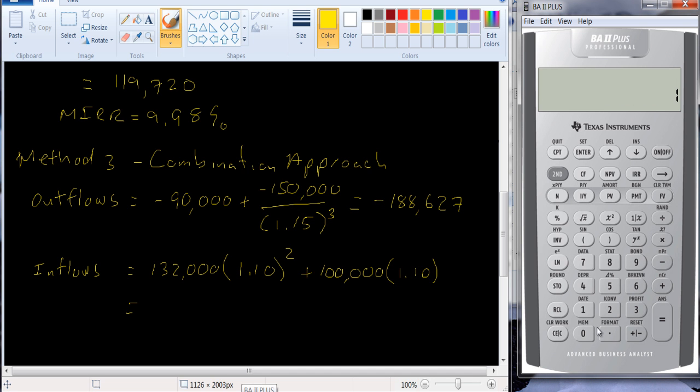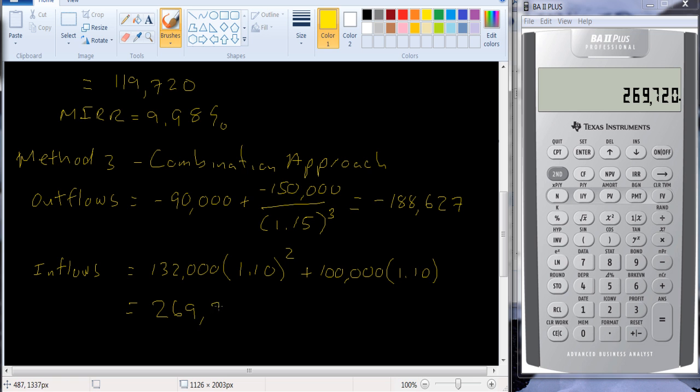This is going to be 1.1 raised to the second power times 132,000. 100,000 times 1.10 is 110,000, so let's add 110,000 to this. So we get 269,720.